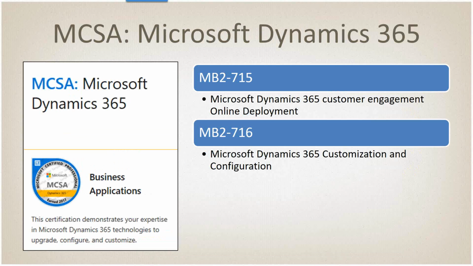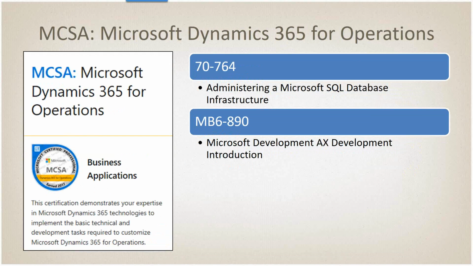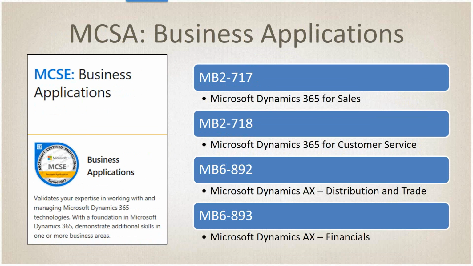Microsoft Dynamics 365 takes two tests, which are the online deployment and configuration and customization. Operations is geared toward the AX part of the house, so they want you to understand SQL Server and AX development. And then finally, the MCSE, which is the top level, they want you to understand the others.